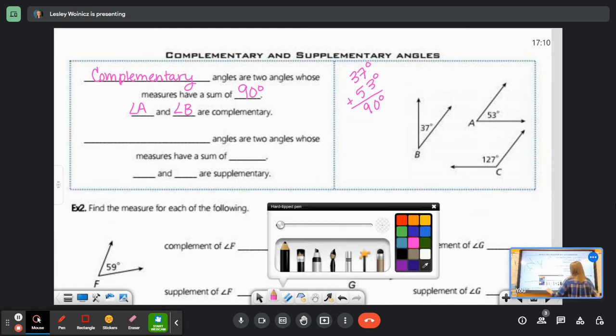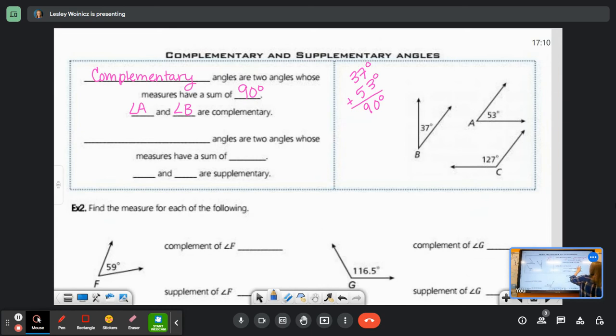Next, supplementary. These are two angles whose measures have a sum of 180 degrees.